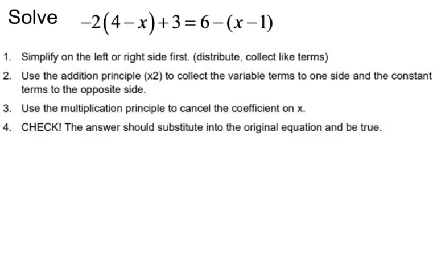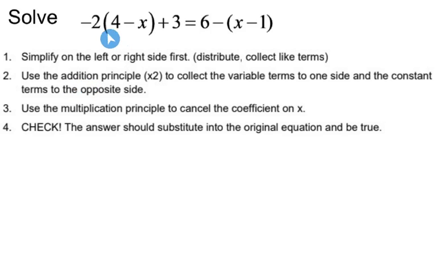One thing that we always want to do is make sure that we simplify on either the left or the right side first if we can. That means we're going to carry out any distribution and then collect any like terms. This also may be a situation where we would multiply by the LCD to clear any fractions. In this case, we don't have them. Then we're going to start using the addition principle.